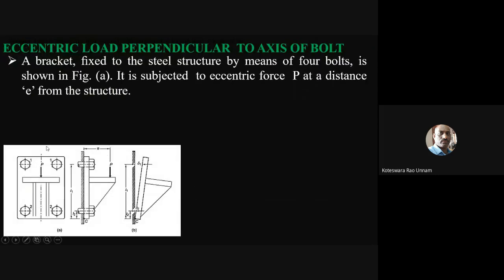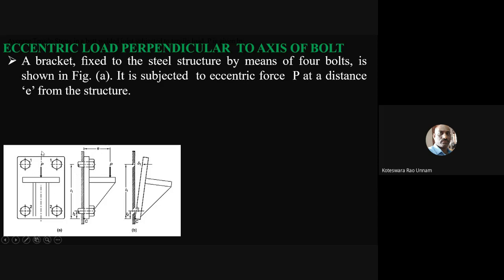So here the eccentricity is defined from the steel structure, from this point to the point of load application; we measure that as the eccentricity e. Also, while doing the analysis, we'll use different terminology.